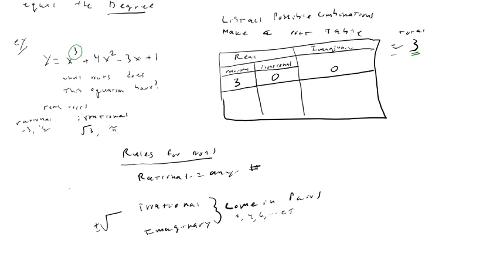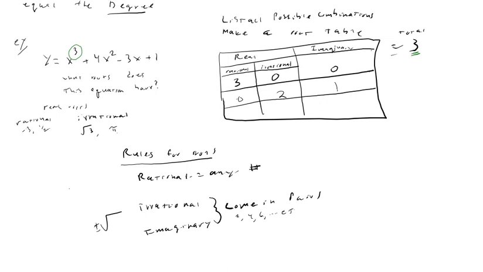So if I were to do another possible combination, well, I could have 2 irrational roots. How many imaginary roots can I have? What are my other possibilities? Could I have one imaginary root and no rationals? Is that a possible combination?